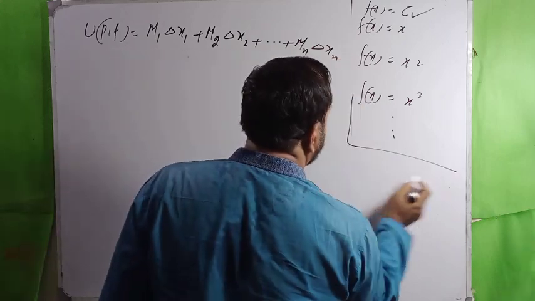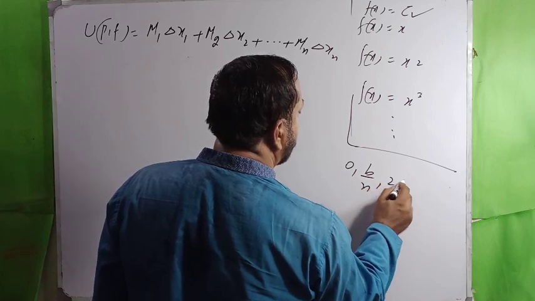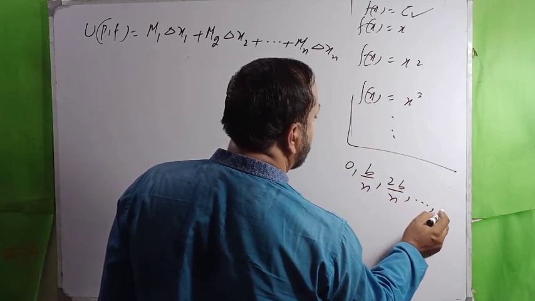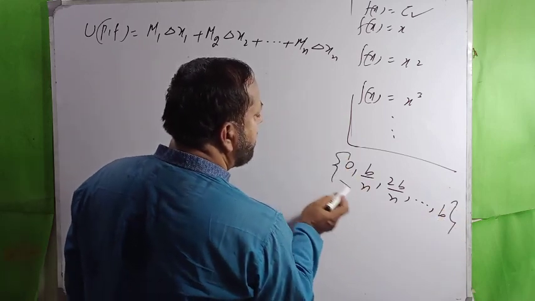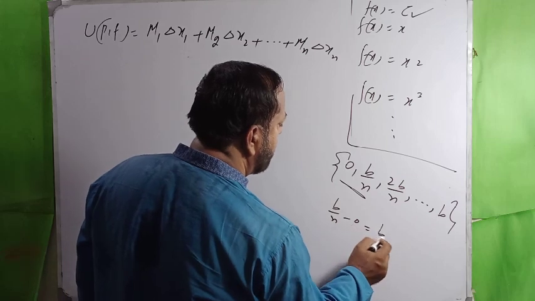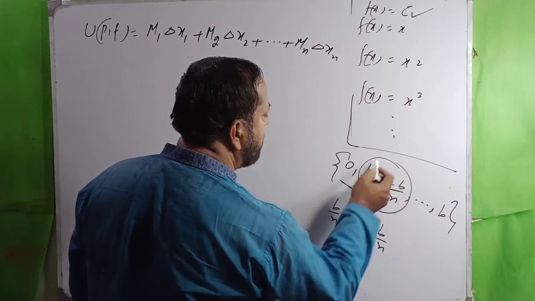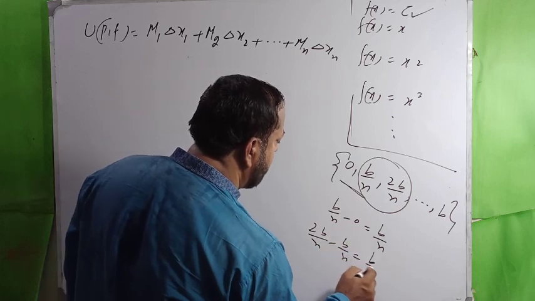The partition was 0, b by n, 2b by n, and so on, last is b. What is the difference between these? The first difference is b by n minus 0, which is b by n. The difference between the next two is 2b by n minus b by n, which is again b by n.